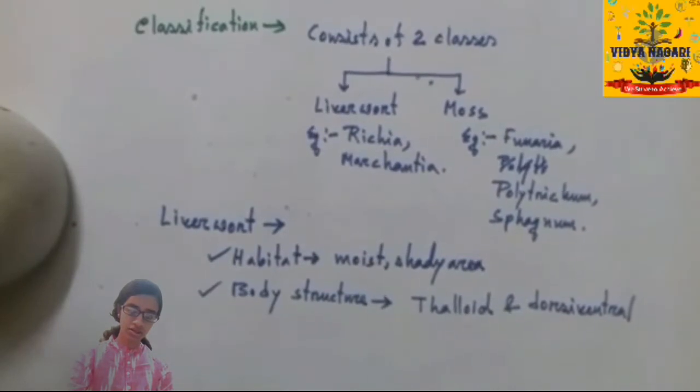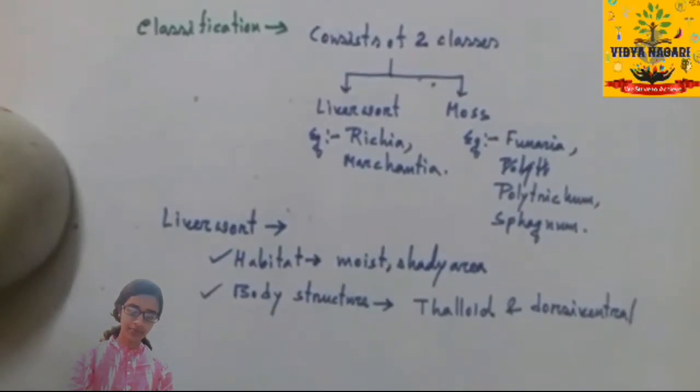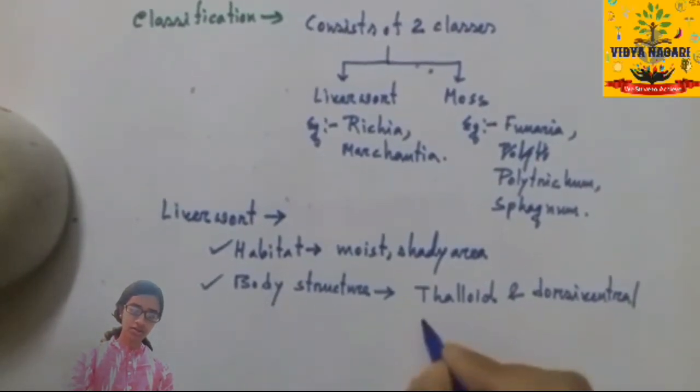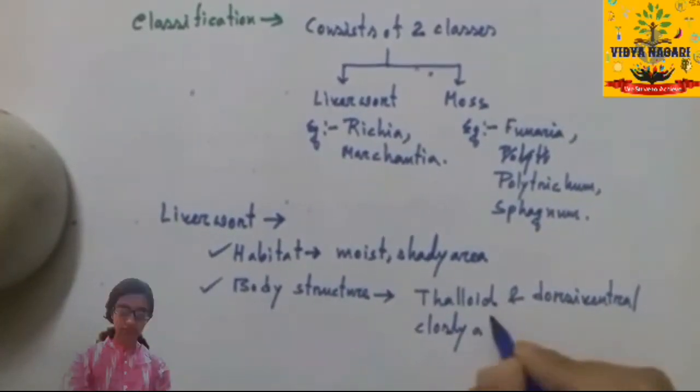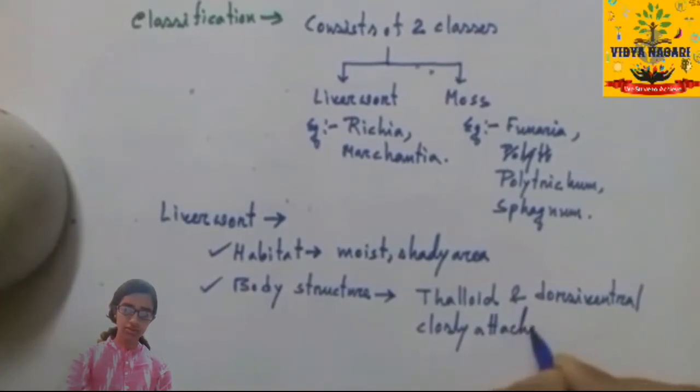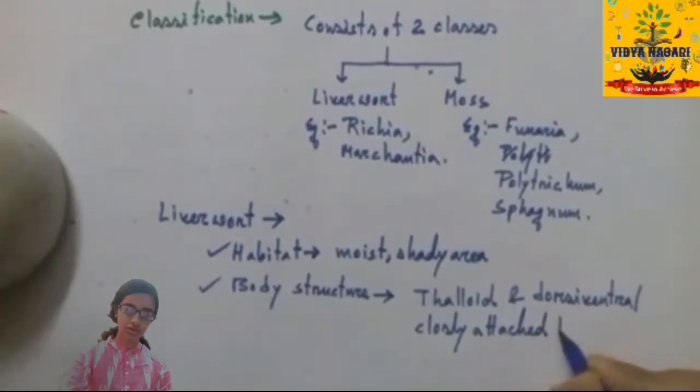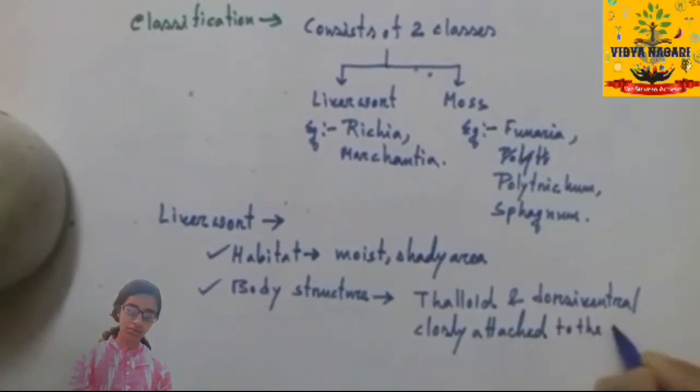Dorsal means back surface and ventral means front surface, and they are closely attached to the substrate.